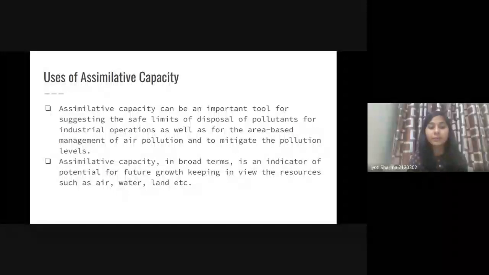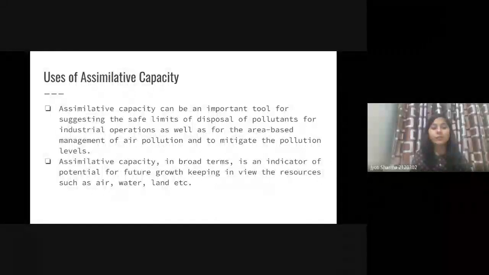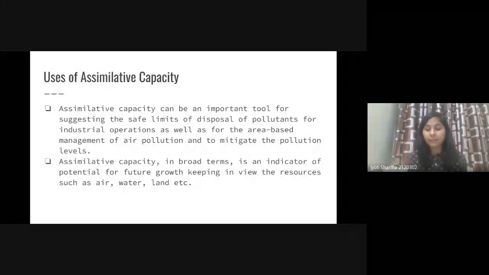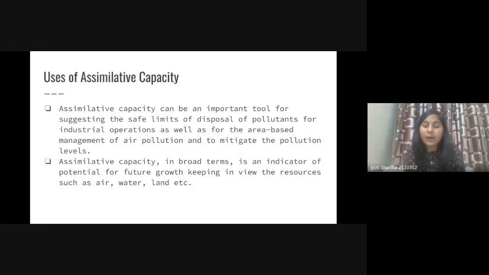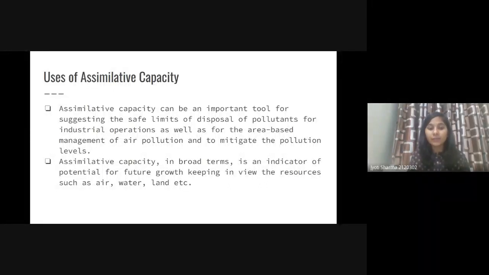It is also an indicator of the potential for future growth, keeping in mind the resources such as air, water, land, etc. For example, you have constructed a hospital and a school at one position, and right now you can also build something more, because you have the available assimilative capacity at that area as well.